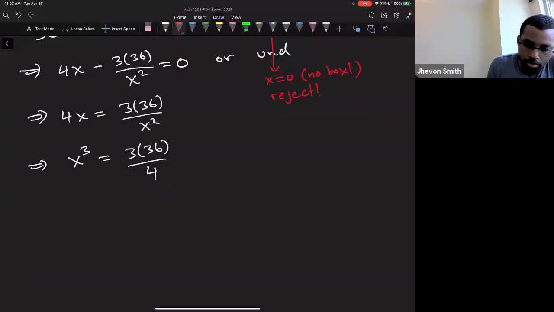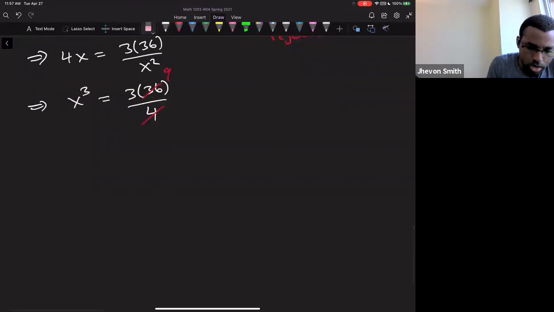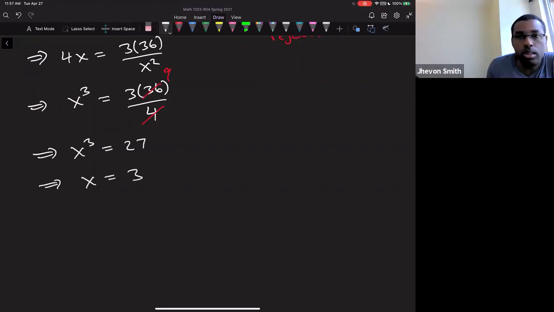And 4 goes into 36 9 times, I think. Right? So now you just have x cubed equals 27, which means that x equals 3, cube root of 27. That's our x.